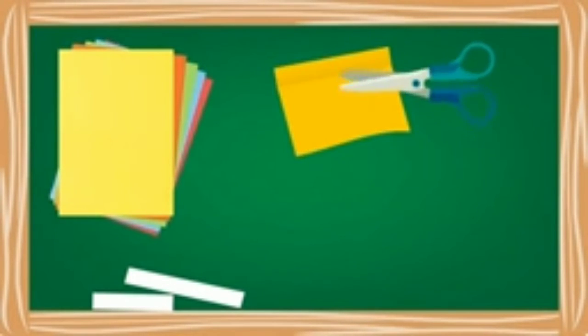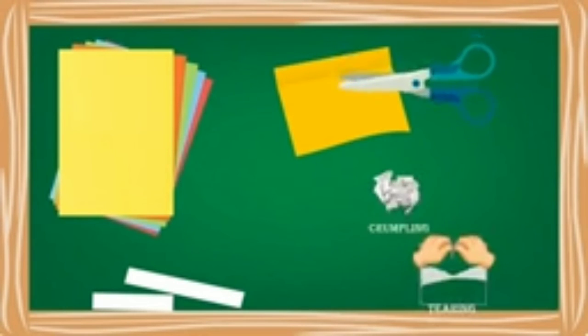We can change it by means of cutting. We use scissors to cut the paper. Another way is crumpling and tearing. Cutting, crumpling, and tearing are ways we can change the size and shape of the paper.